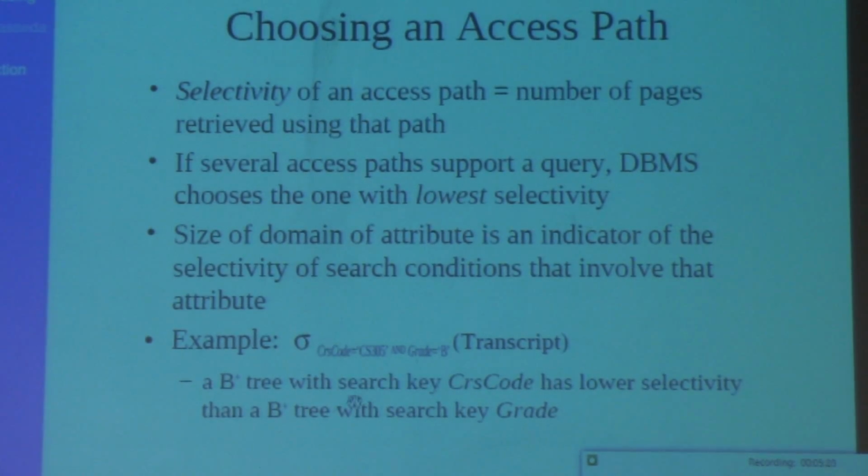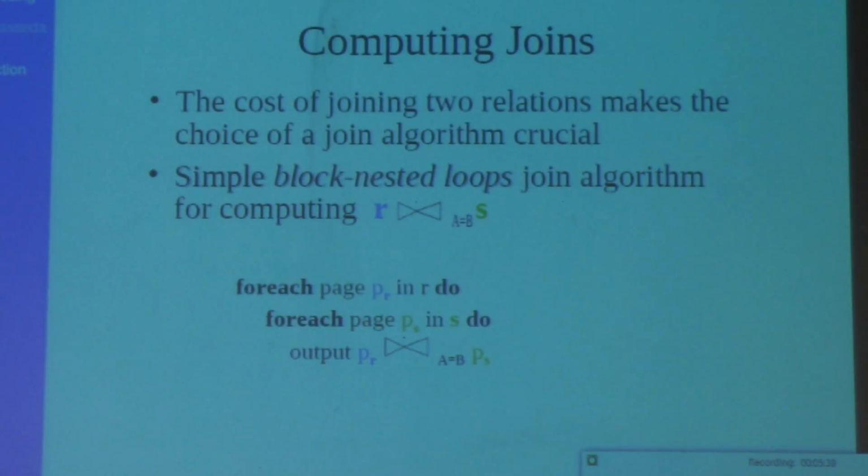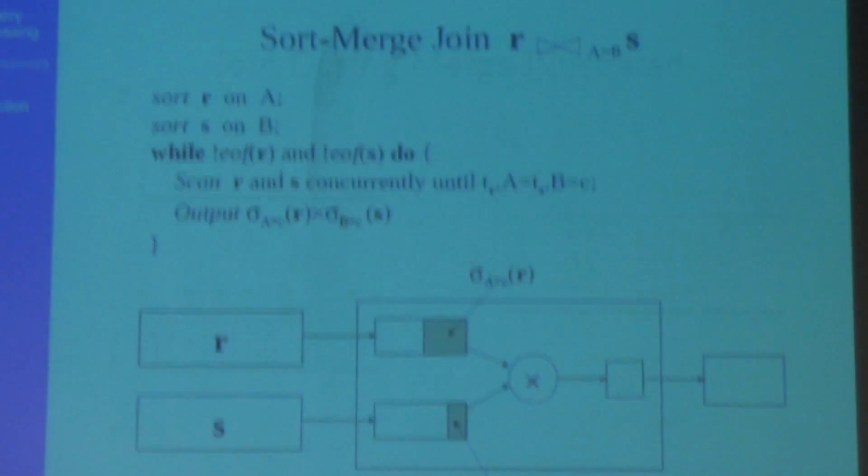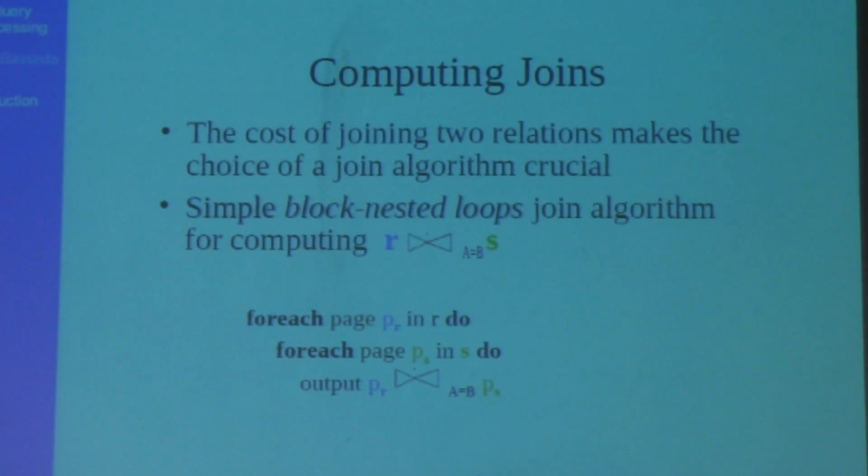So if you have a B plus tree based on the course code, the execution of this query will be easier, because you go for the course code first, choose a smaller number of records, and then consider which one is B. Okay, I'll continue next week.